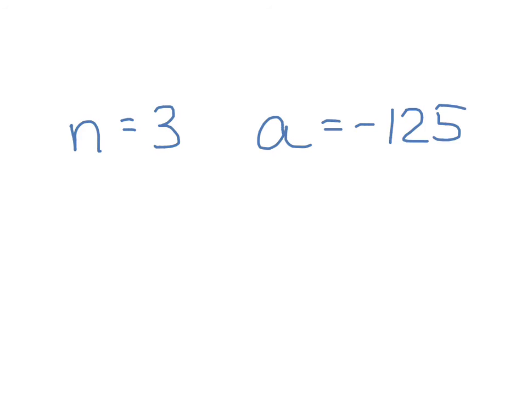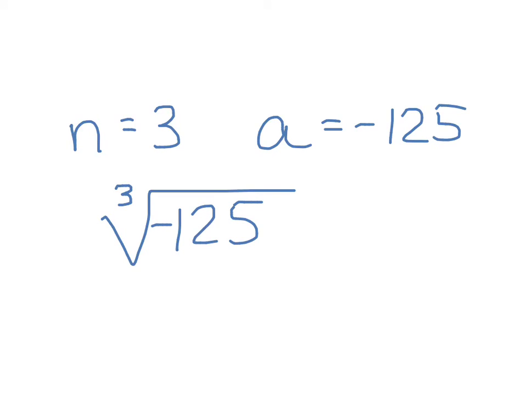When it gives you n equals 3 and a equals negative 125, it's telling you to do this. Put a 3 in your crack and a 125 or negative 125 underneath, and now figure out what number multiplies by itself 3 times that gives you this. If I scroll back a few slides, you've already done this problem. 3's in the crack, negative 5 to the 3rd power.